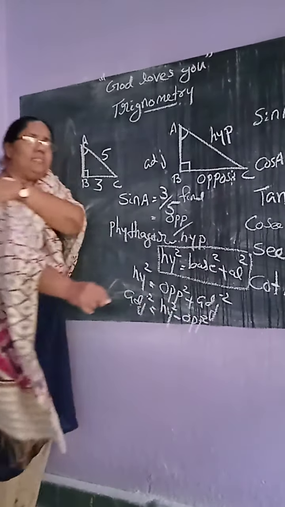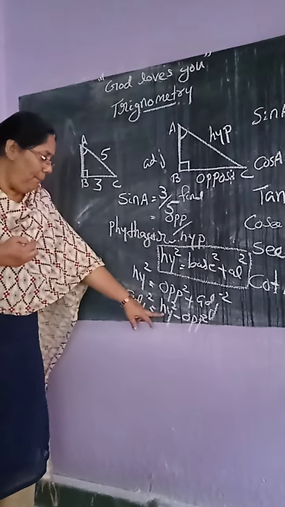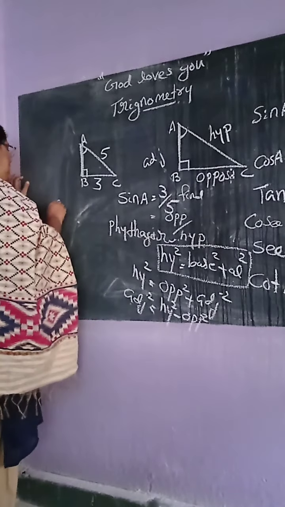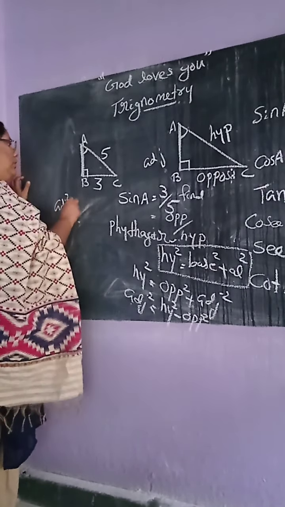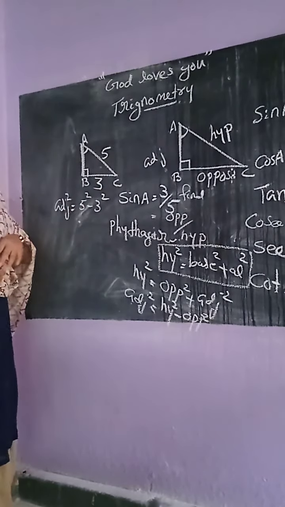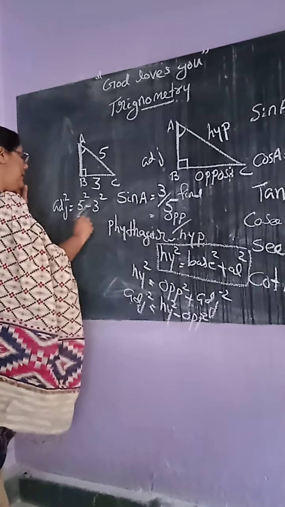These are all formulas. Study this. Then write here adjacent square is equal to 5 square minus 3 square. What is 5 square? 5 into 5. 25 minus 9.